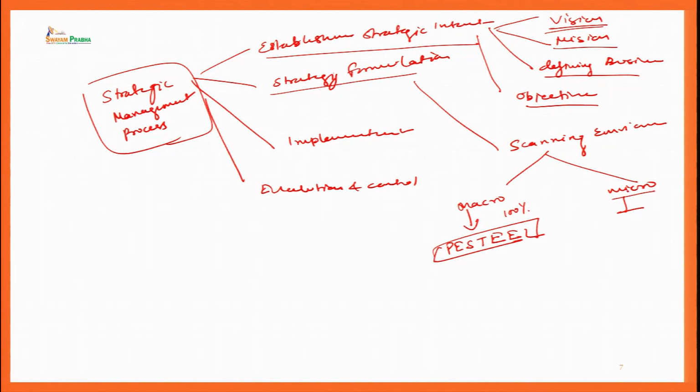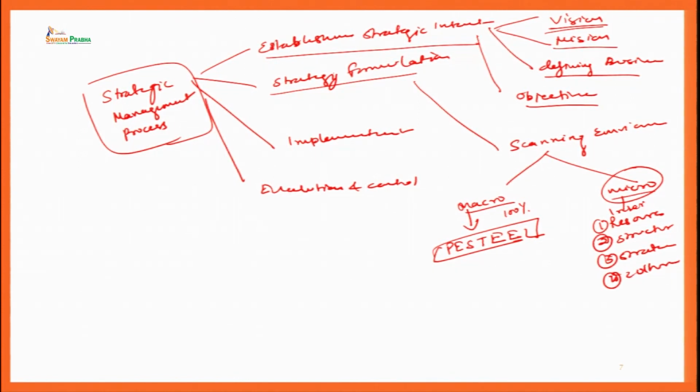In the case of micro environment, it talks about resources, structure, strategy, and fourth, the culture. So micro environment is related to your internal environment, and macro environment is absolutely an external environment.